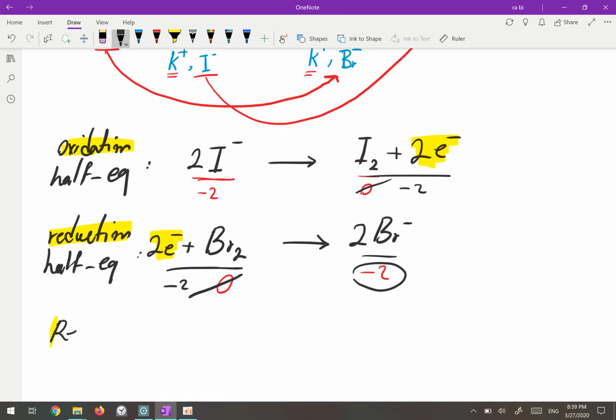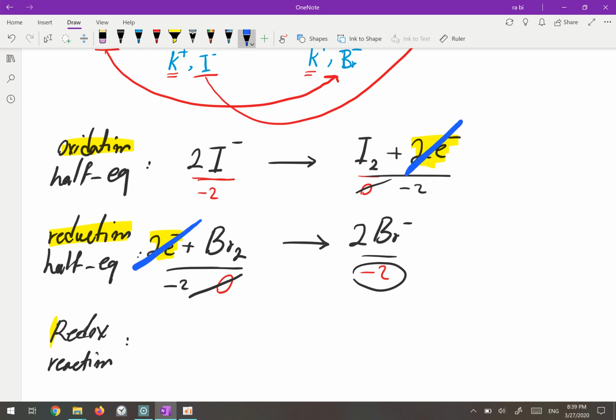So for the redox reaction, the number of electrons for reduction and oxidation must be equal. You can see in this one, these two are equal. So I just add these two equations.